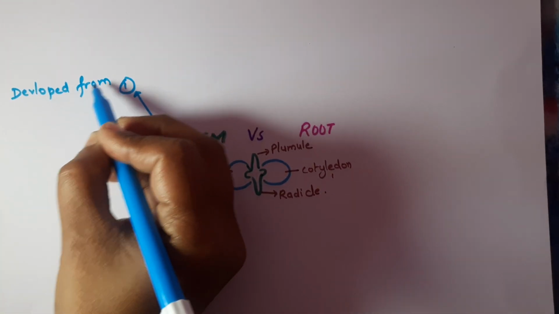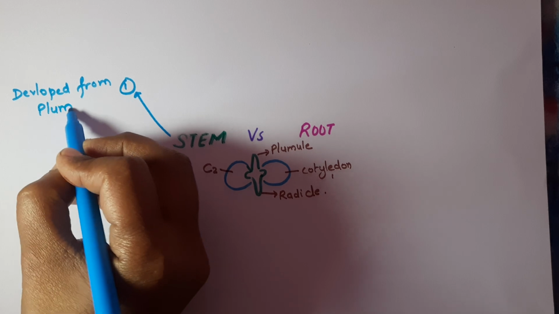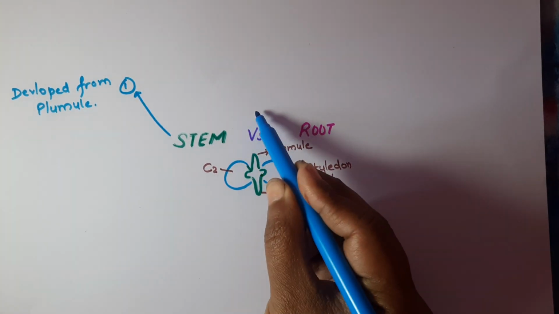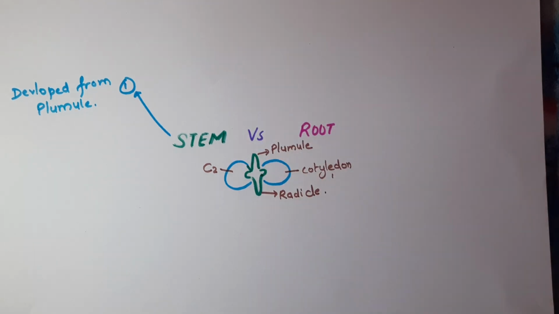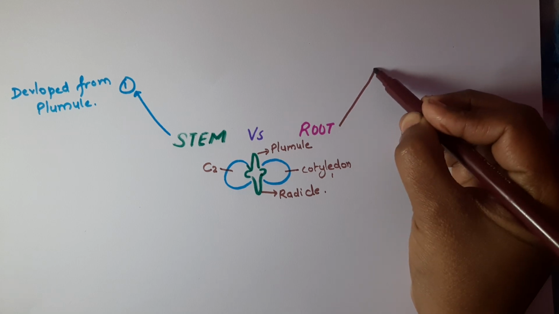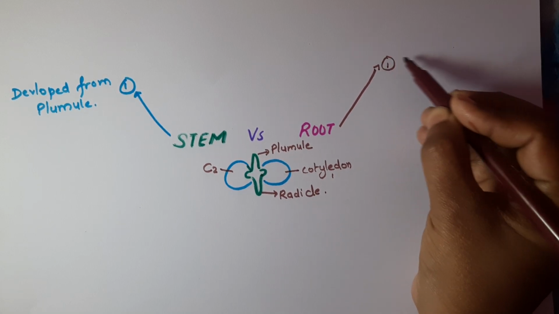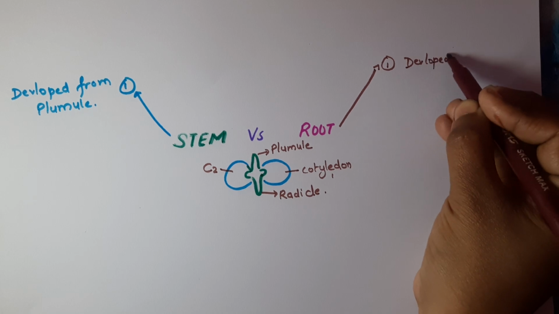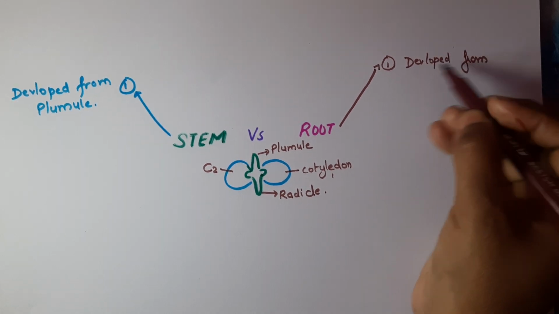The plumule is the above portion, so the stem will grow in this direction. And the root, the first difference is that it is developed from radicle.